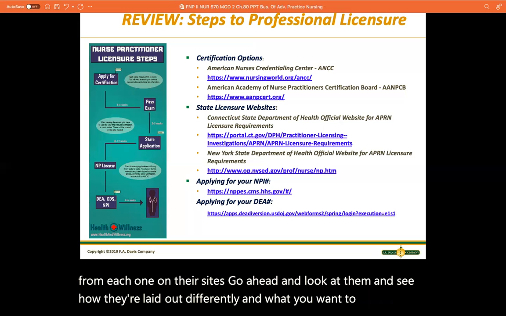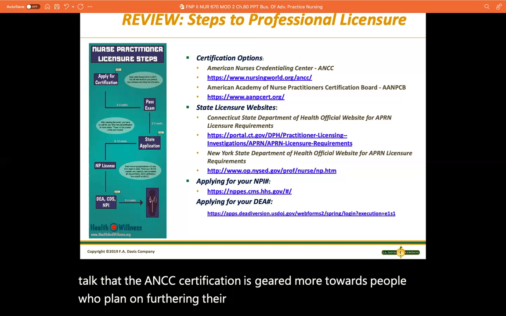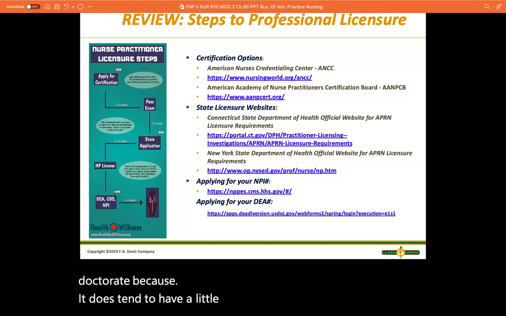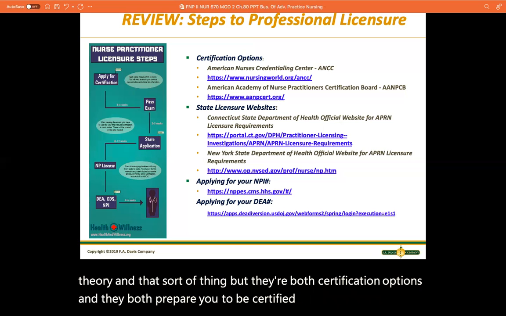There is talk that the ANCC certification is geared more towards people who plan on furthering their education and going for their doctorate, because it tends to have more questions regarding nursing theory and that sort of thing. But they're both certification options, and they both prepare you to be certified by the board. So that's the important thing.